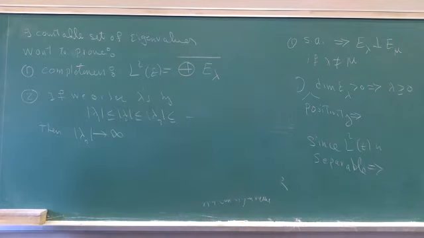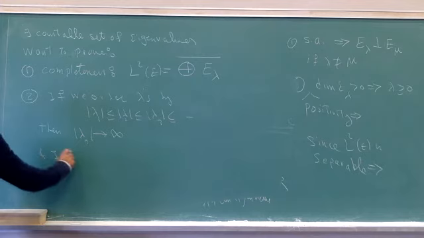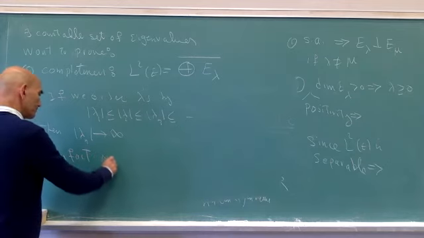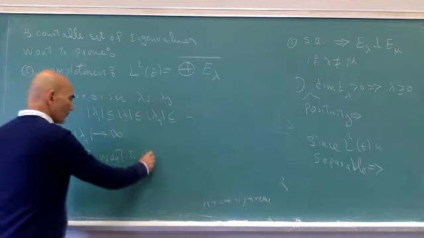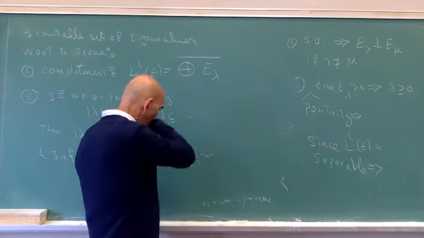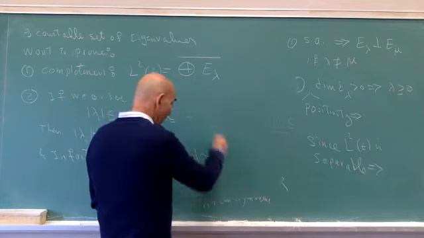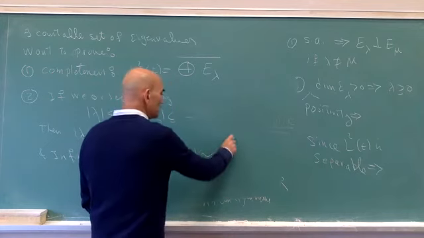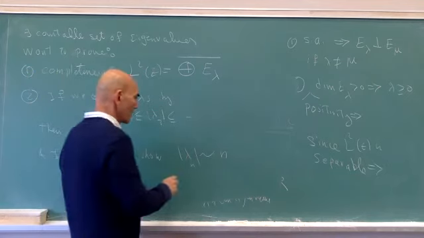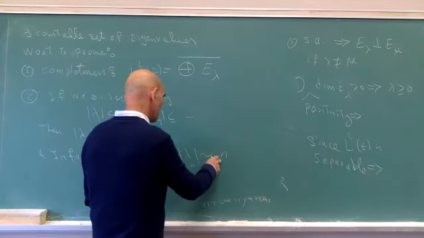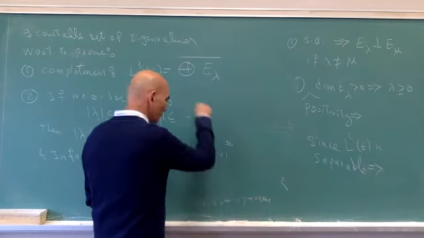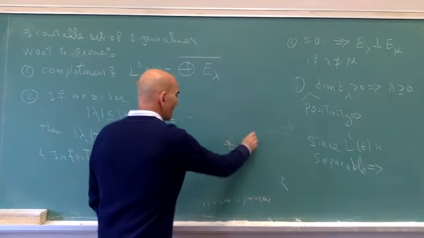And in fact, I want to show that this lambda n asymptotically grows like n to the power d over the dimension of the line. So this m is the dimension of the line.